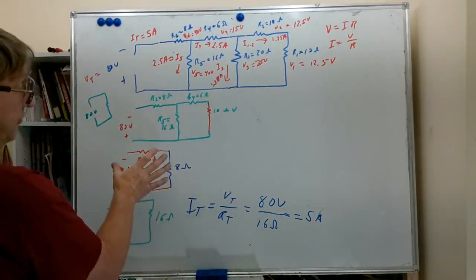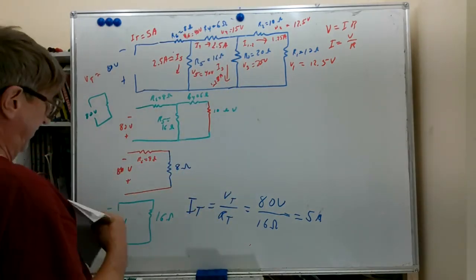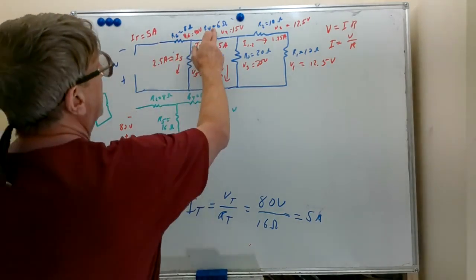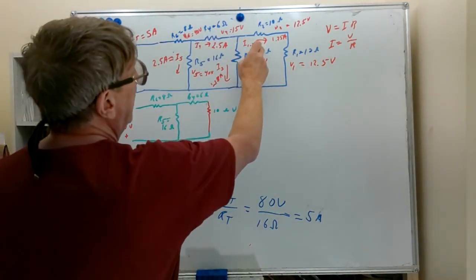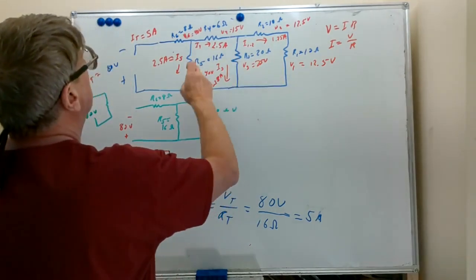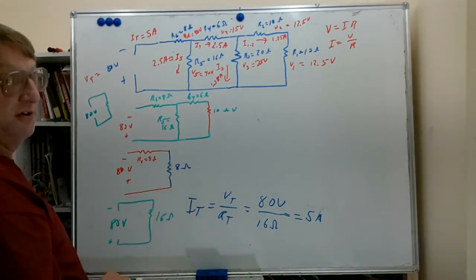We looked at this part of the circuit and so on, and lo and behold, now we know, is there any resistor we don't know the current through? 5 amps here, 2.5 amps here, 1.25 here, 1.25 here, 1.25 here, 2.5 here. So we know the current through every resistor.